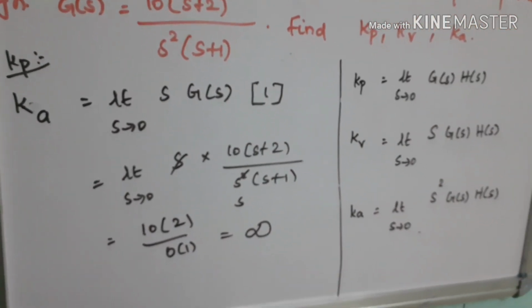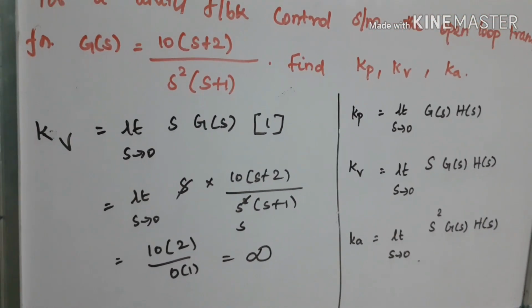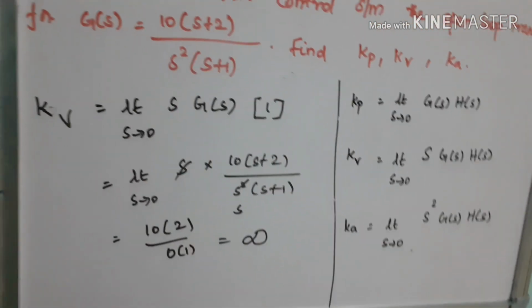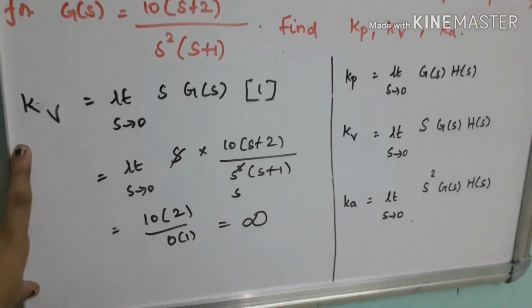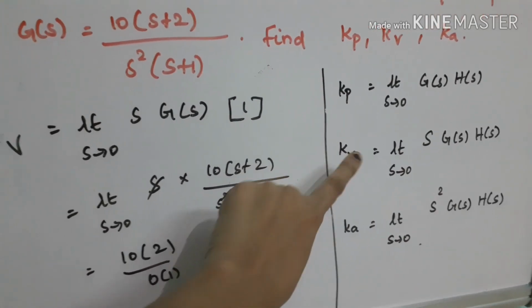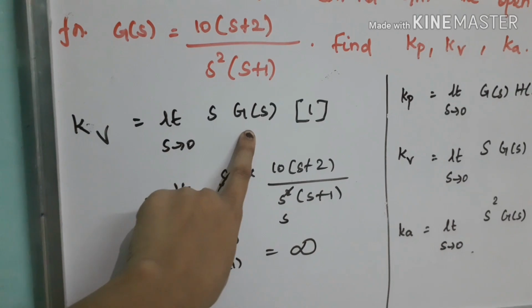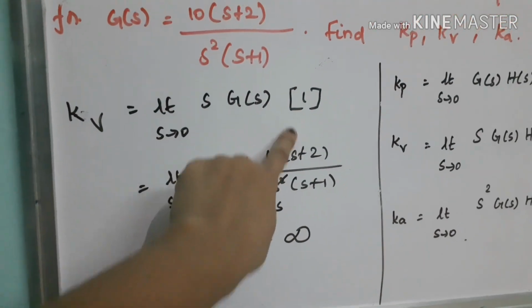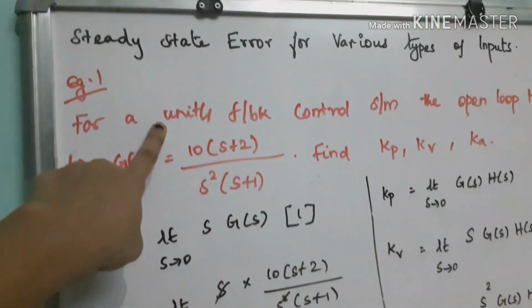Next is the velocity error constant, that is Kv. The formula for Kv is limit s tends to 0 of s G(s) H(s). Instead of H(s) we substitute 1 for a unity feedback control system.